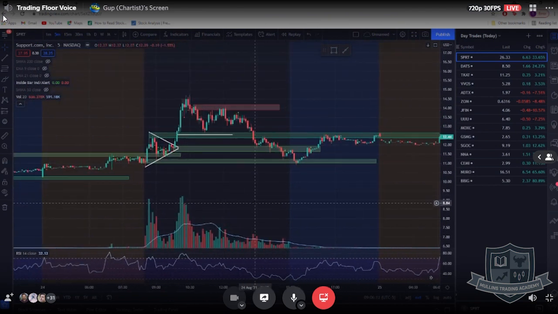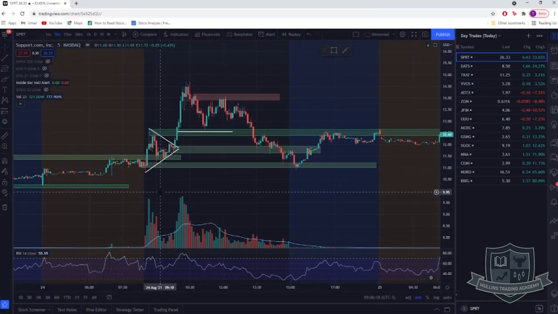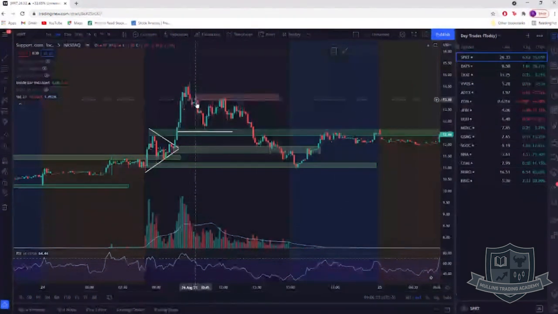So the basic idea behind zones is that they are areas that have a brief moment of consolidation, usually at a higher volume, and then a sharp move away from that area. Like right here, you can see it comes down and there's this little moment of consolidation and it rips away.